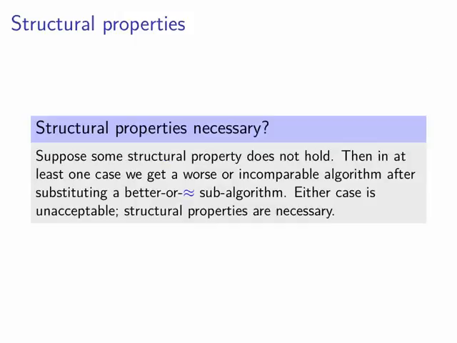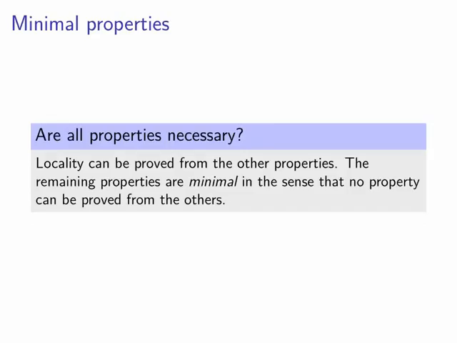Suppose some structural property does not hold, then in at least one case we get a worse or incomparable algorithm after substituting a better or equivalent sub-algorithm. Neither case is acceptable. So structural properties are necessary. Well, locality can be proved from the other properties. However, the remaining properties are minimal in the sense that no property can be proved from the others.